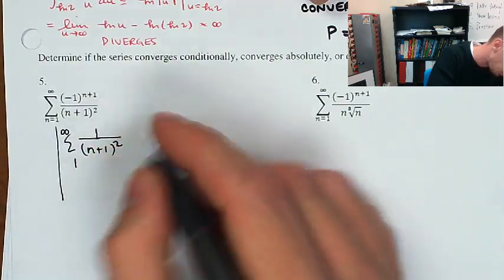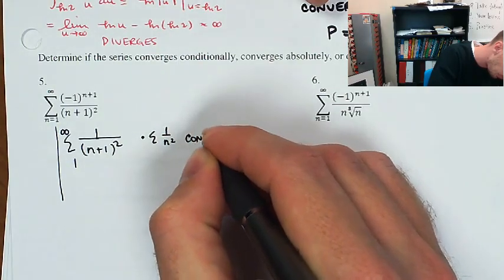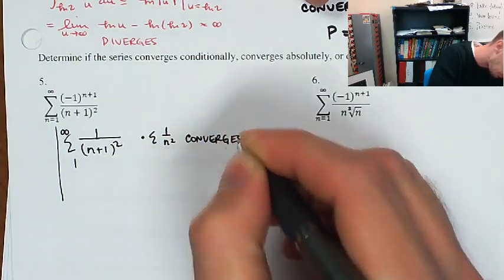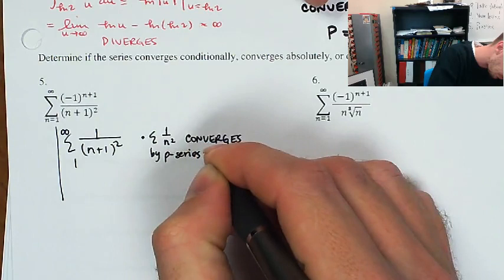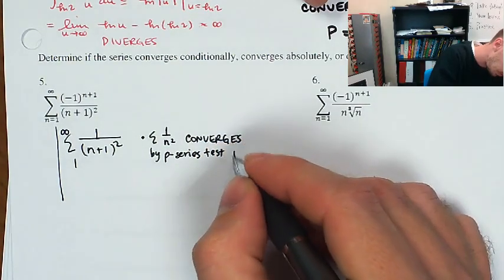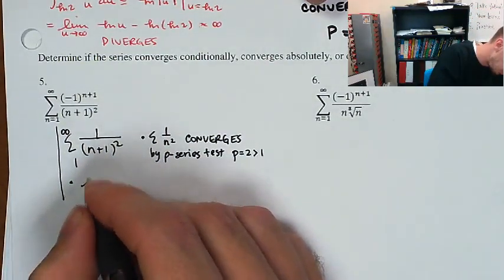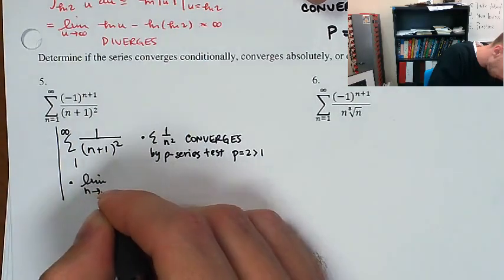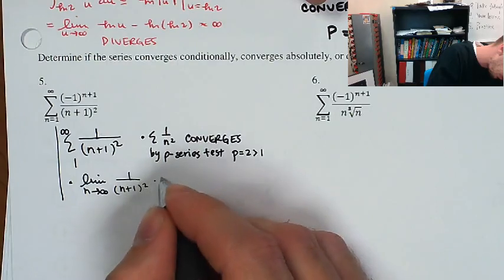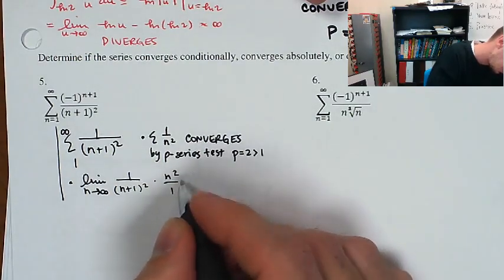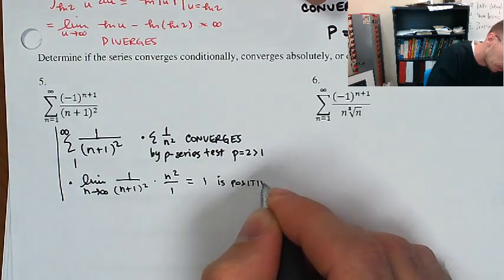Okay, so let's just think about this one for a second. I know that the sum of 1 over n squared converges by the p-series test, with p, which is 2, being bigger than 1. Then I'm going to do the limit comparison. The limit of the ratio of these terms to those terms, well, that's going to be 1. And that ratio is positive and finite.